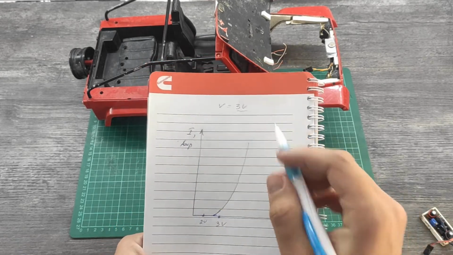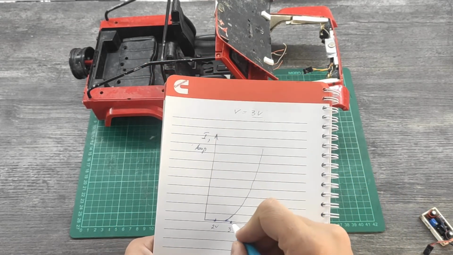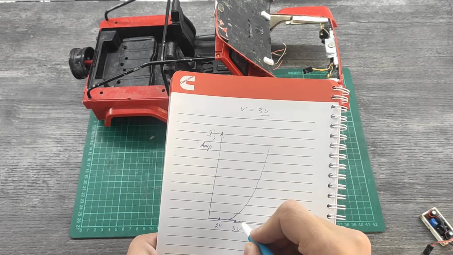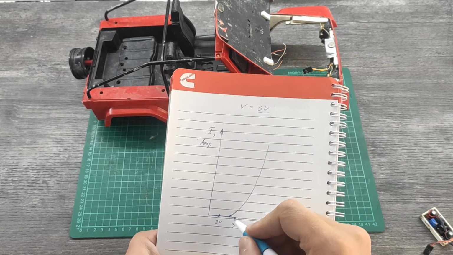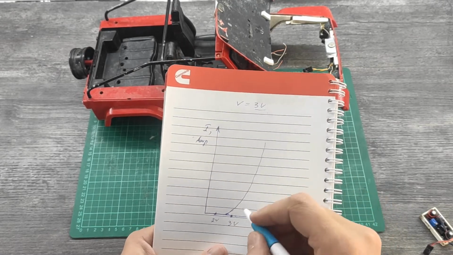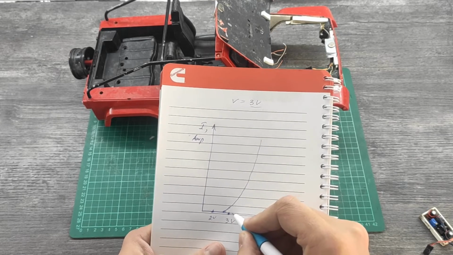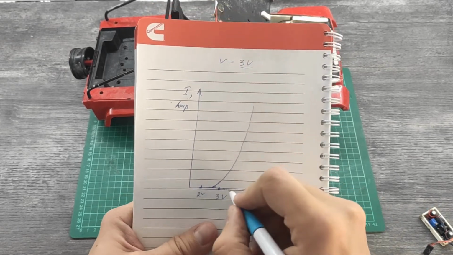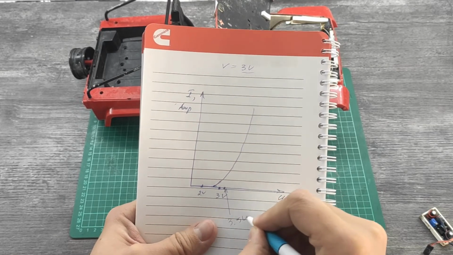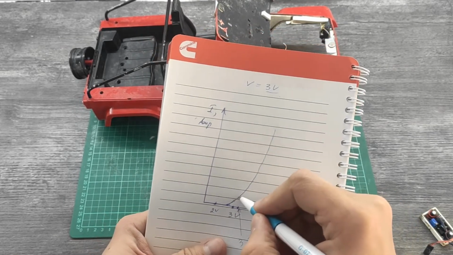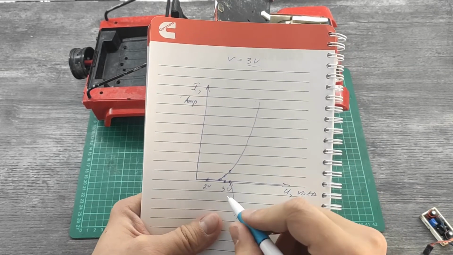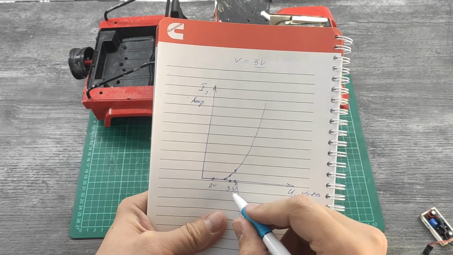And as for an LED, when you have more voltage on a diode, say you add half a volt, so this one is 3.5 volts, for example, your current, as you can see, doesn't increase by 20%.